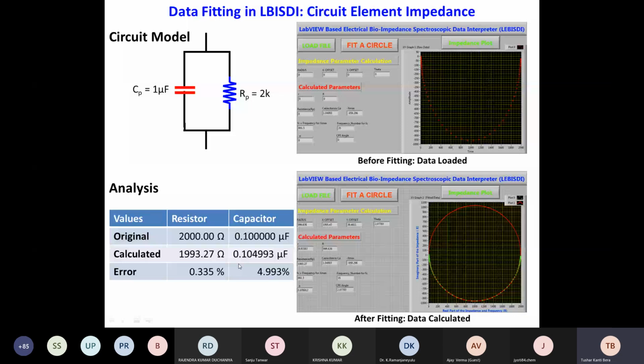So it is matching for the resistor, and there is some deviation in the case of the capacitor. That is around 5%, but it is required to note that the capacitor we had taken was a ceramic capacitor, and that had a tolerance of around 10%.